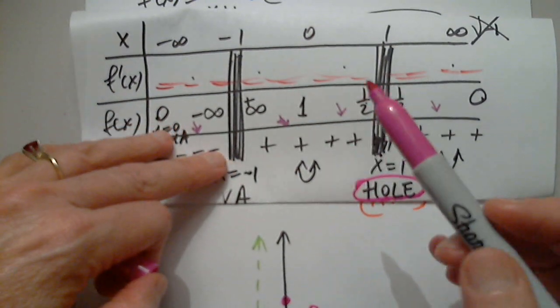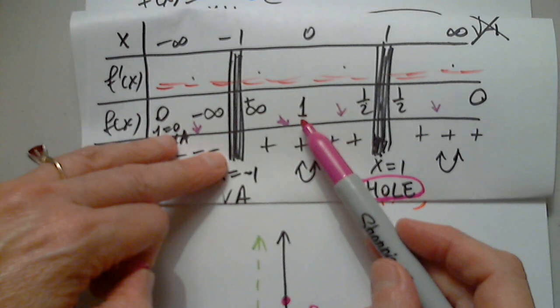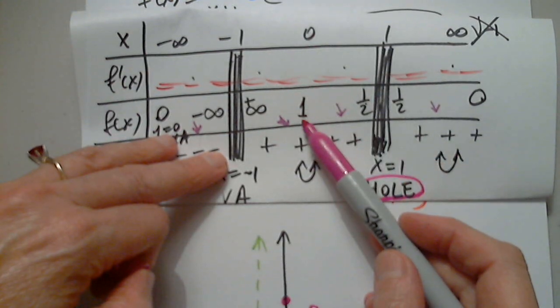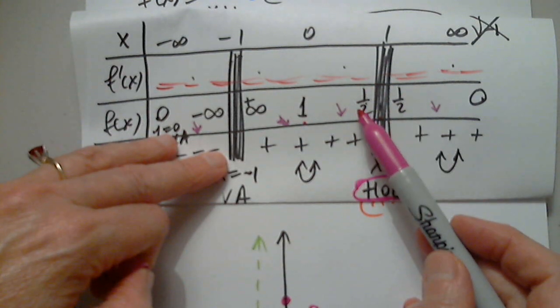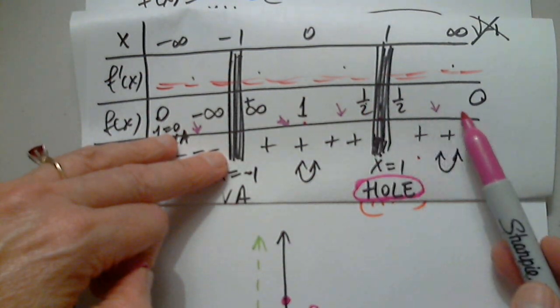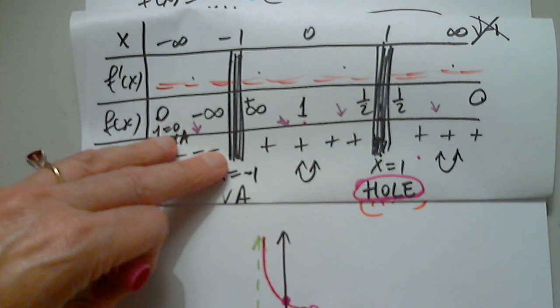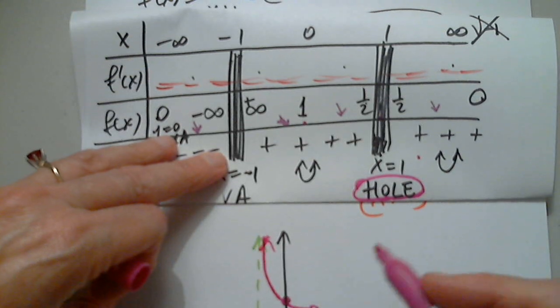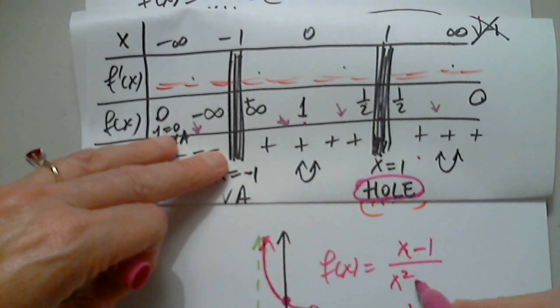And now I read, decreasing all the time, coming from positive infinity, crossing at 0, 1, going through the hole, opening up, going through the hole, still opening up, decreasing to 0. Easy. So this is f of x equals minus 1 over x squared minus 1.